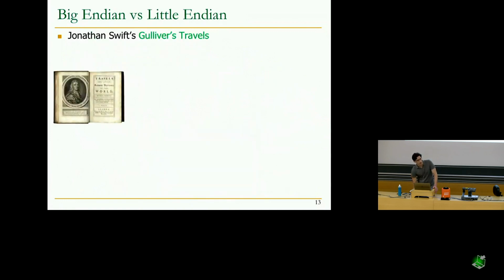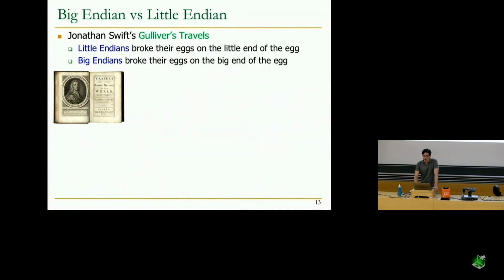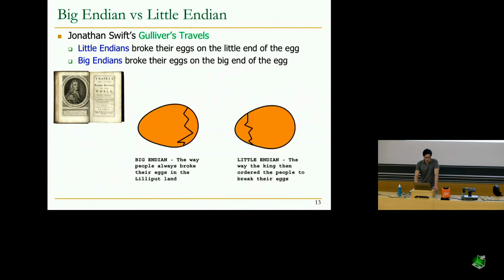I don't know if you have ever heard about this. This comes from the book Gulliver's Travels. Maybe you have read it or you have watched the movie, by Jonathan Swift. The thing is that in this book, little Endians broke their eggs on the little end of the egg, and big Endians broke their eggs on the big end of the egg.